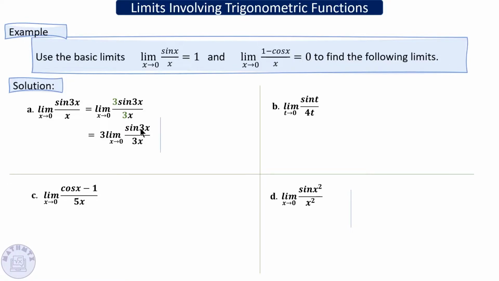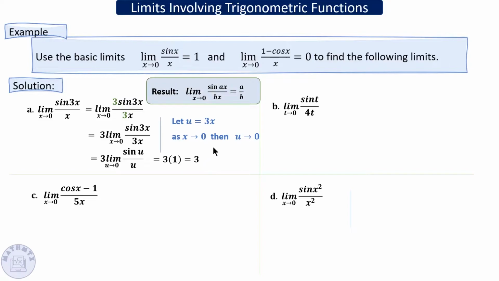Now I can assume that 3x is u, and whenever x approaches 0, u will be approaching 3 times 0, which is 0. So now I can just apply the basic limit here. This will equal 3 times this limit, which is the same as the one we know, which is 1. So 3 times 1 is 3.